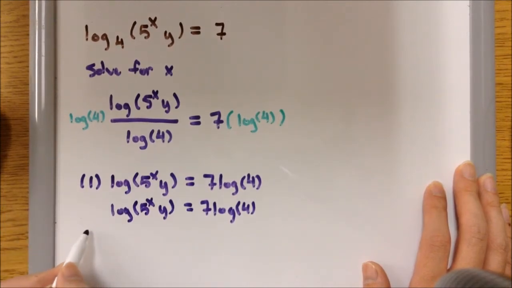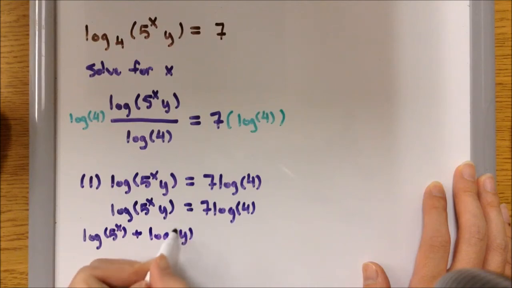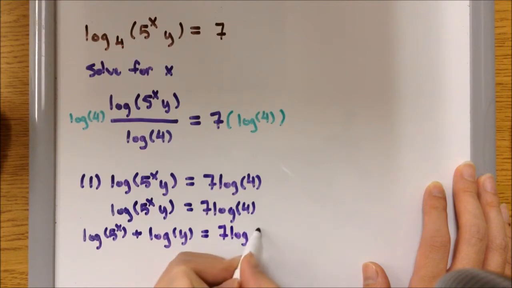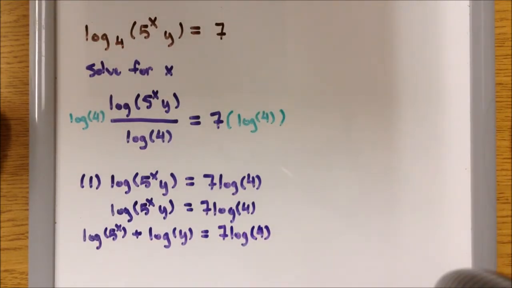So we're going to have log of 5 to the power of x plus log of just y equal 7 log of 4. Alright, so we got 5 to the power of x separated from the y.